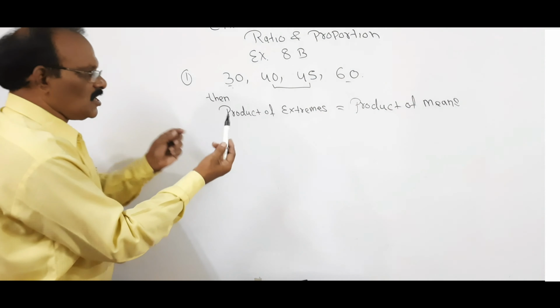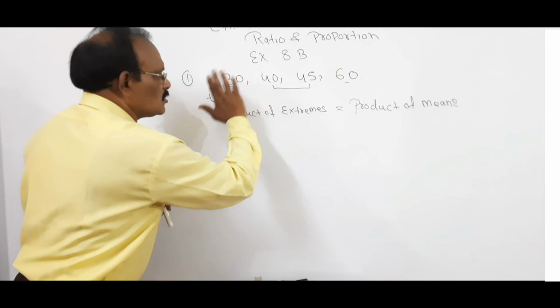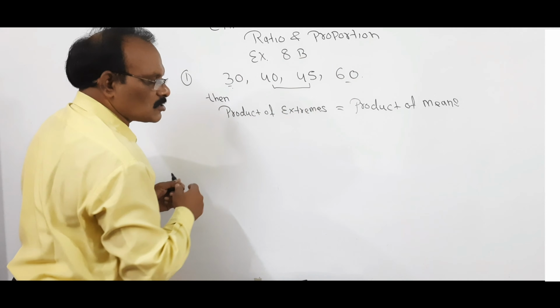Product means multiplication. The outside numbers are called extremes.